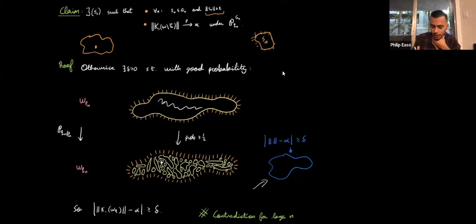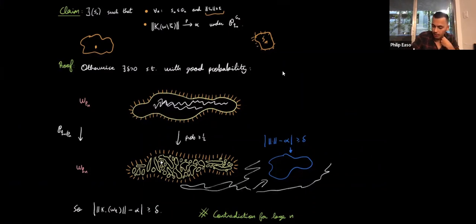Right, that's the defining thing. So here, what I've drawn is, in our coupling of Pn and Qn percolation, I might first explore the cluster in Pn, then explore the edges in Qn outside, and discover that the largest cluster outside has density away from alpha with good probability.